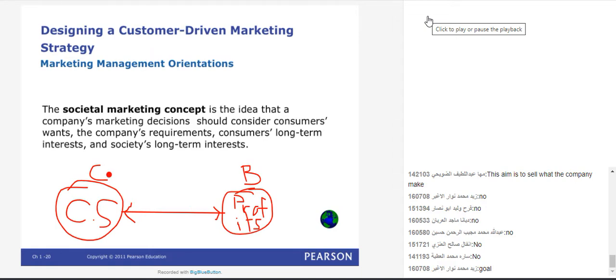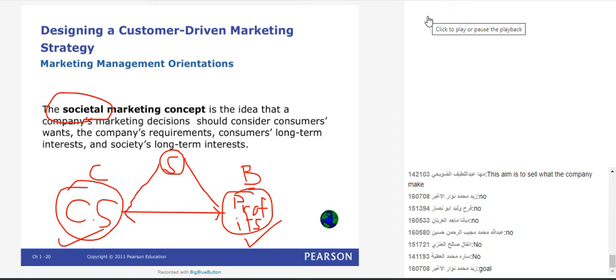Business gets profit, customers get their needs and they are satisfied. The societal marketing concept introduced a third party, which is society. Business gets their profit, customer gets their needs, but the society, what about it?